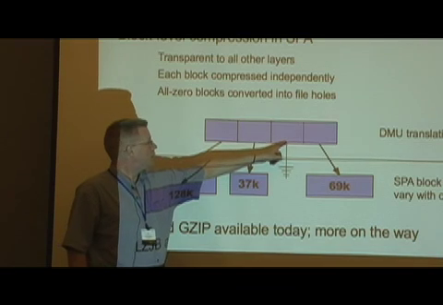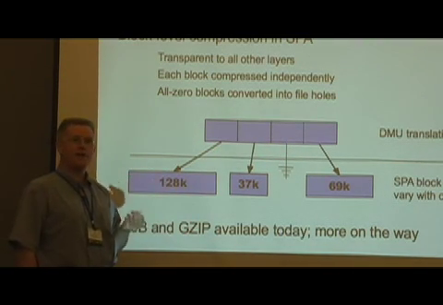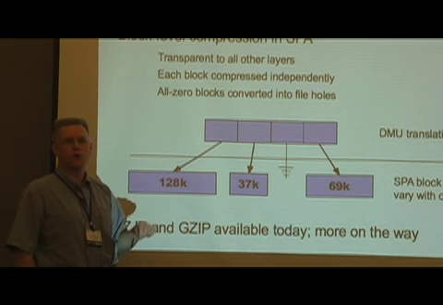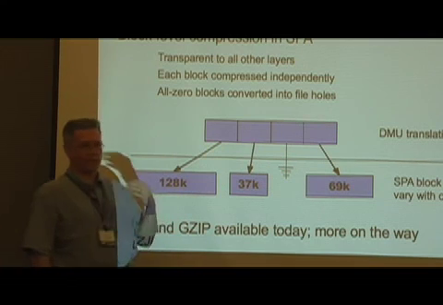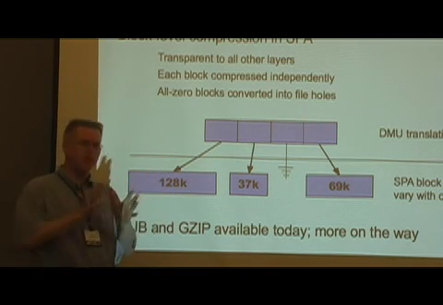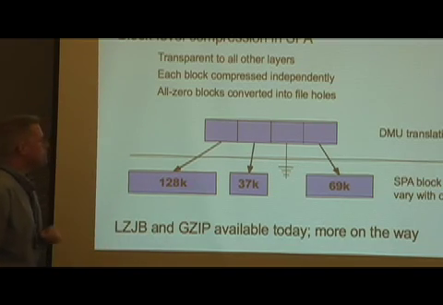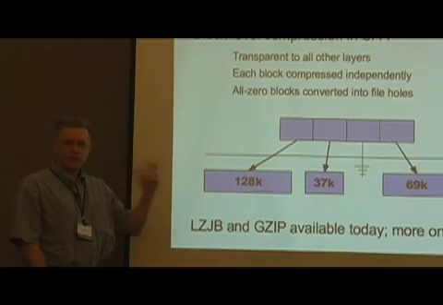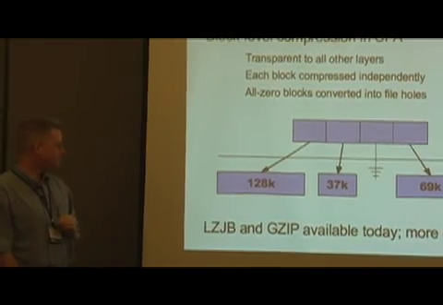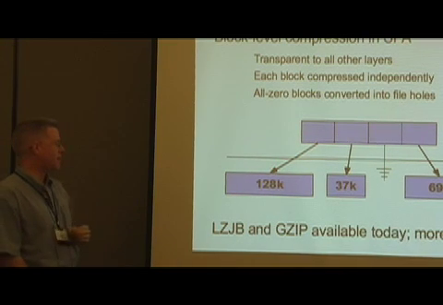If this one turned out to be all zeros, then when we run the compression algorithm on it, we say, oh, that's all zeros. We actually turn that into a hole rather than a compressed region of zeros. So it actually is just a pointer to nothing. So we actually convert sparseness. We actually generate sparseness on the fly based on seeing zeros. And at a per block level, the amount of compression can vary by block, so that if you have parts of a file that don't compress, other parts that do, you still get benefit from it.